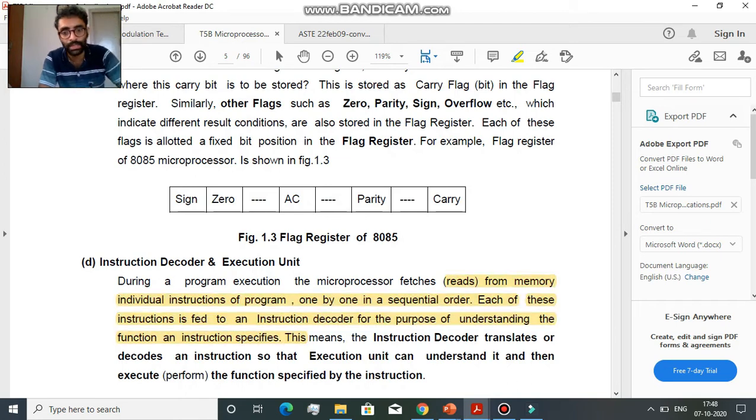This means the instruction decoder translates or decodes an instruction so that the execution unit can understand it and execute the function specified. Whatever program you code inside the microprocessor, the instruction decoder decodes it to understand exactly what instruction has been specified.